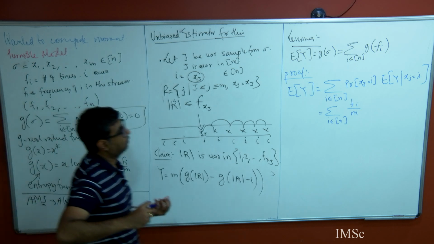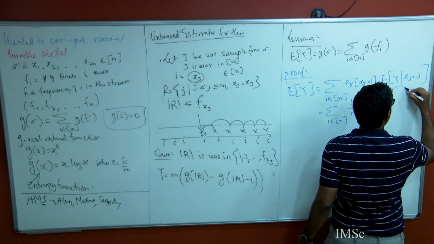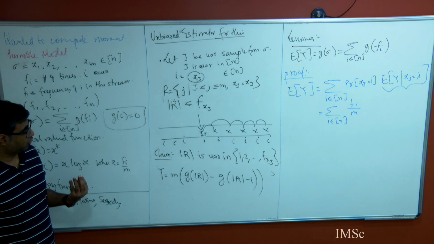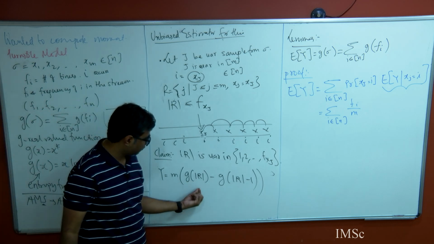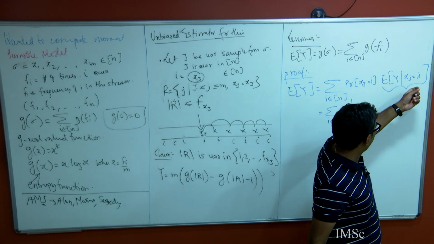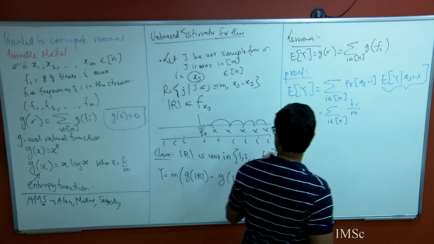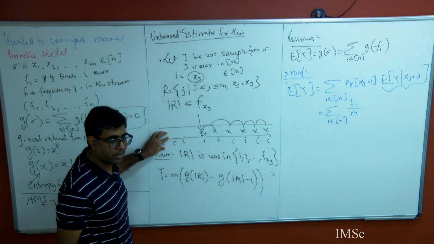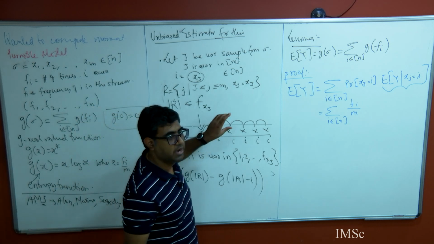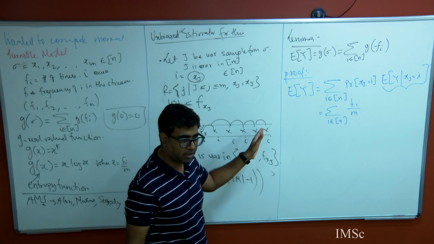Now I would like to compute this quantity, right? This quantity is going to be something minus something depending on what the value of this guy is, like whether it is this i or this i or this i, depending on which i we are going to pick, right?